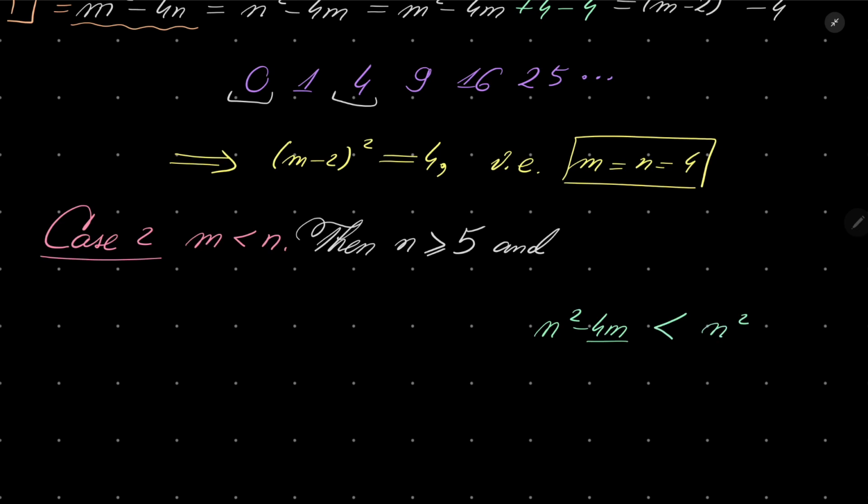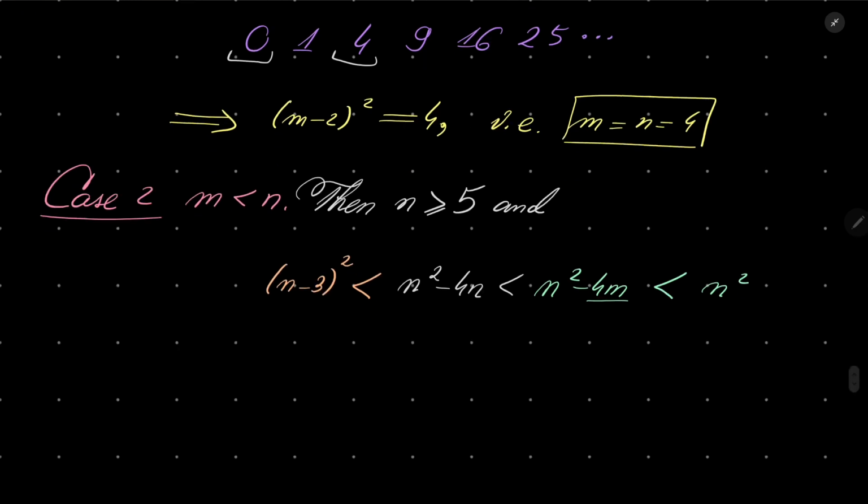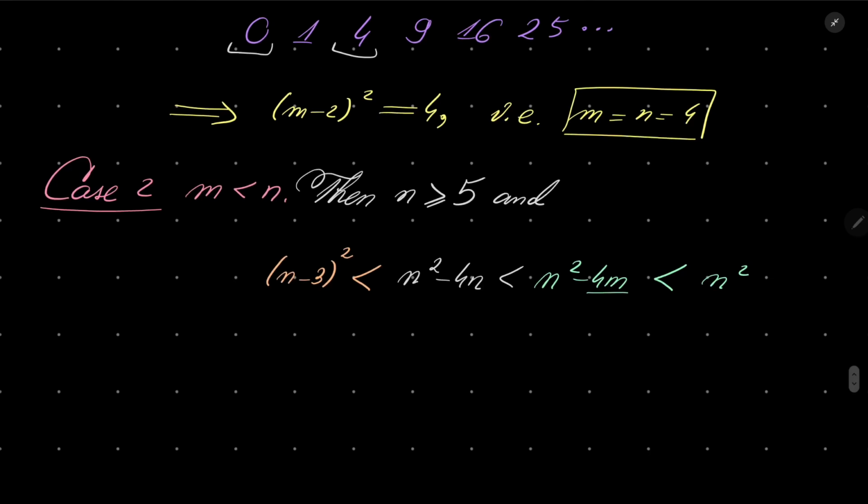But also, notice that this number is greater than n squared minus 4 times n. Why? Well, because we are subtracting a bigger number than there. And also, I claim that this number is strictly greater than (n minus 3) squared. How to justify it?